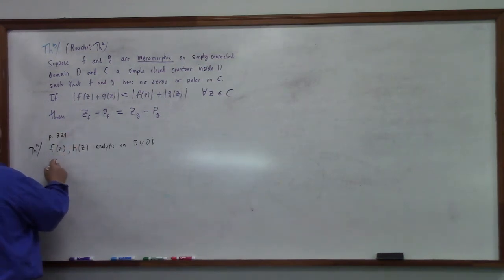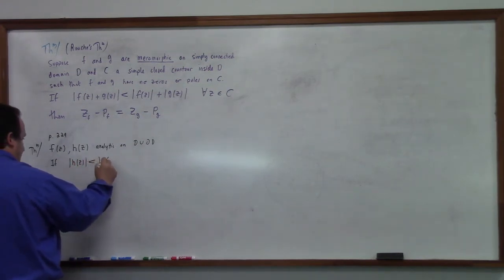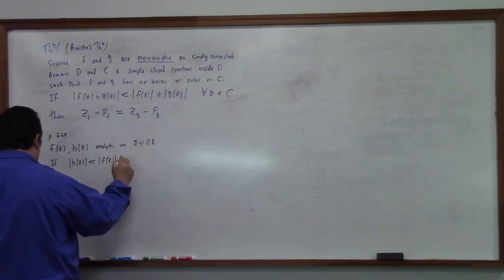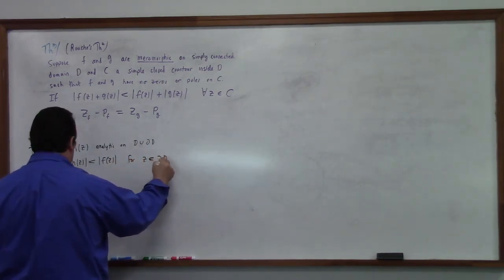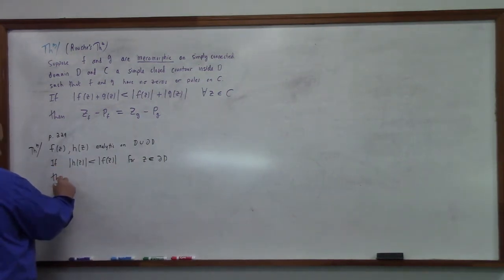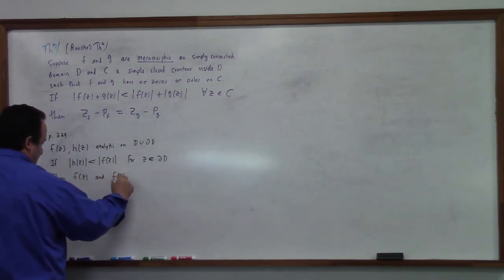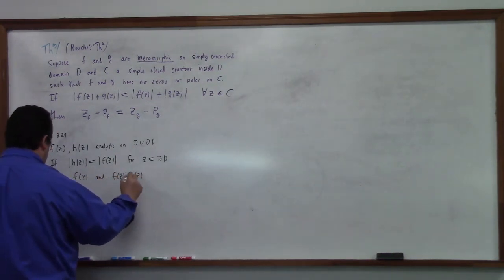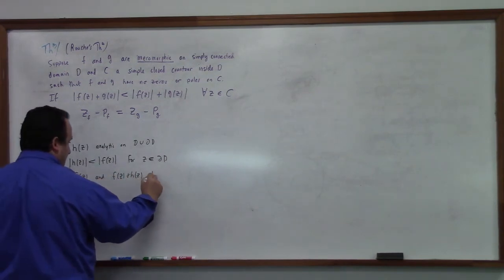If the modulus of h of z is less than the modulus of f of z for z on the boundary, then f of z and f of z plus h of z have the same number of zeros in D.